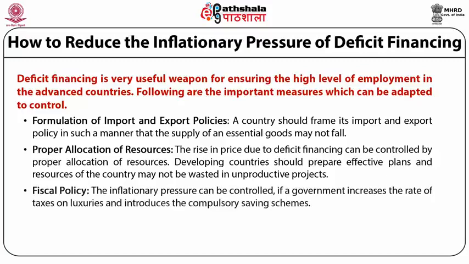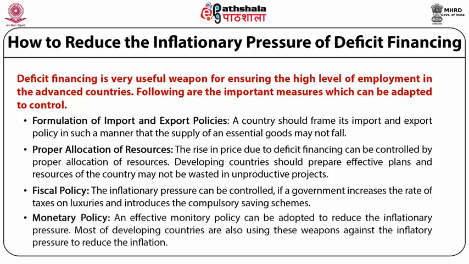The inflationary pressure can be controlled if the government increases the rate of taxes on luxuries and introduces a compulsory savings scheme. Monetary policy. An effective monetary policy can be adopted to reduce the inflationary pressure. Most of the developing countries are also using these weapons against inflationary pressure to reduce the inflation.